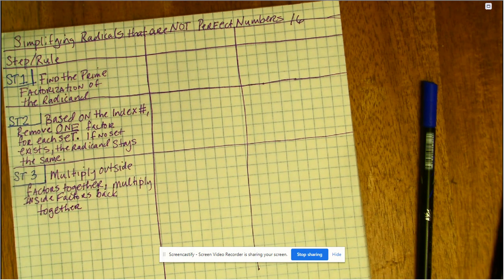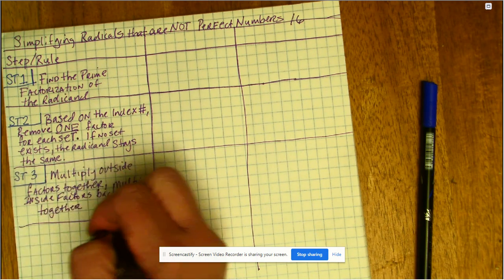So one of the reasons that these are going to be imperfect is that there's no way that we can break this down into prime factorization so that all the numbers are going to go into a set. And so we're going to have some factors left inside the radicand, or inside the radical, and we're going to have some outside, possibly. And so once we figure that out, we want to multiply the ones outside back together, and we multiply the ones inside together so that we have one number on the outside and one number on the inside. We don't want it to look like a string of prime factorization anymore. We're putting it back together.